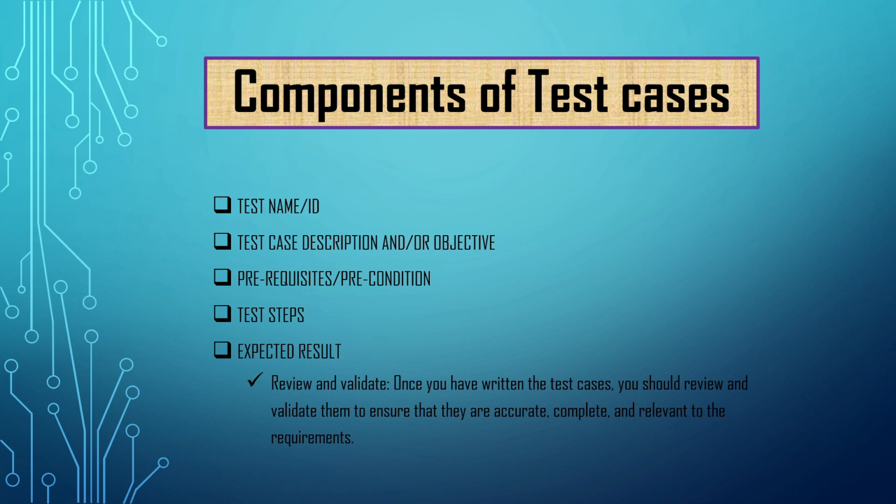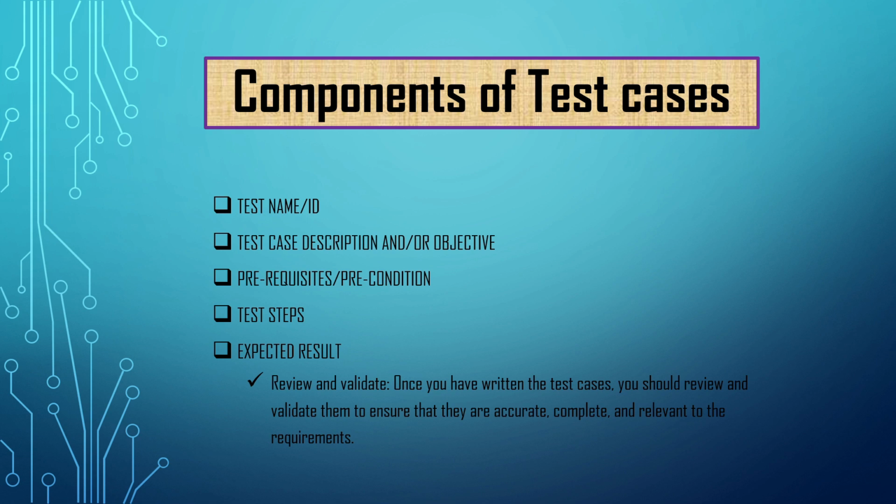Let's talk about the components of a test case. The major components are the test case name and ID, the test case description or objective of that particular test case, and the prerequisite or precondition, meaning to perform that particular test, whether it requires any setup or precondition.